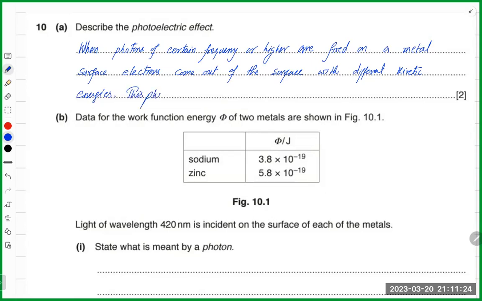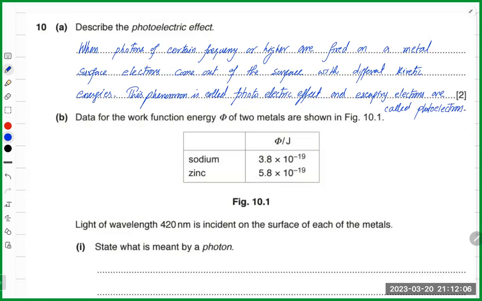This phenomenon is called photoelectric effect, and the escaping electrons are called photoelectrons. Okay.